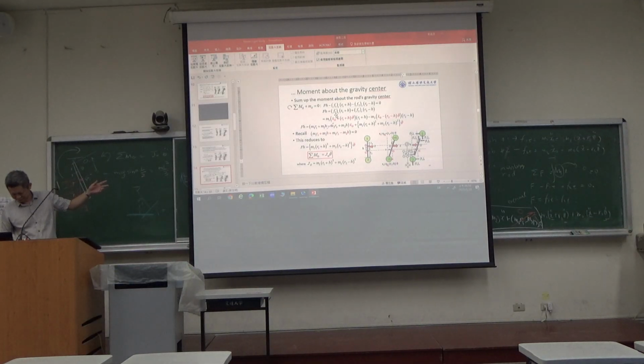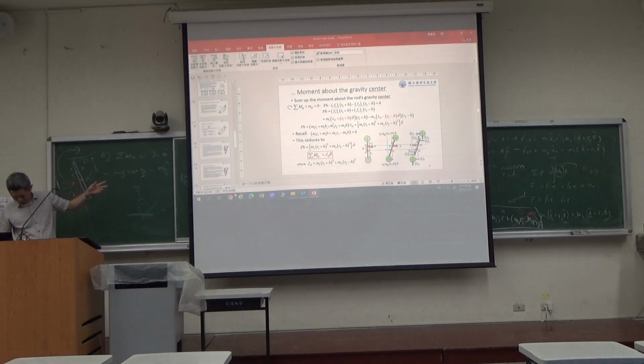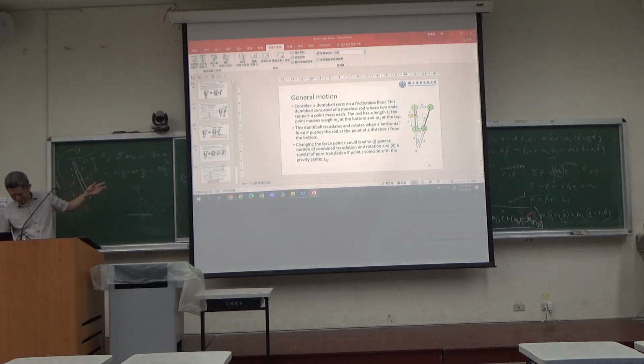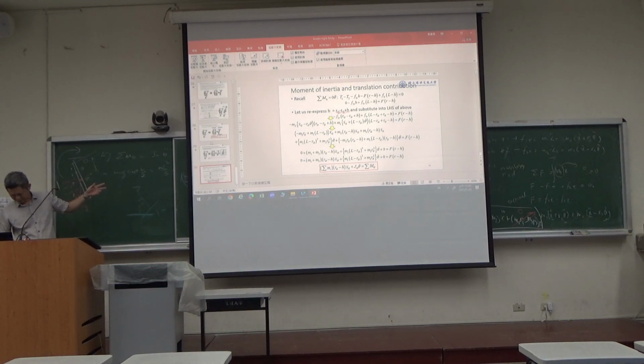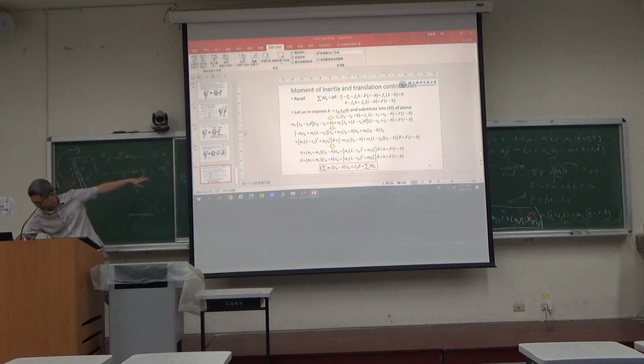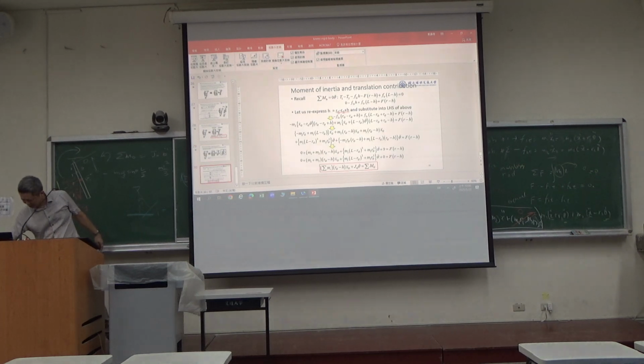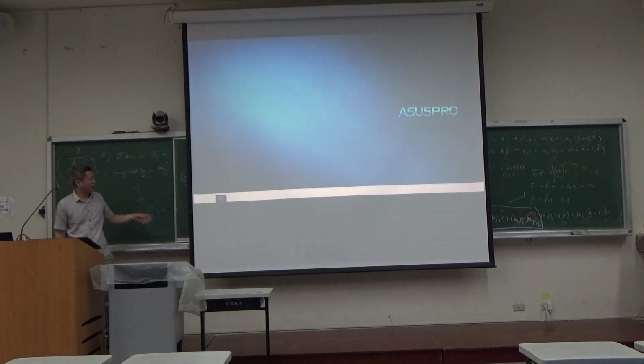Let me see. Yeah. If you are writing at the instantaneous center, okay, then you're going to write all this. Okay, so this is the one. If you are writing about a point far away, the momentum far away consists of two parts.